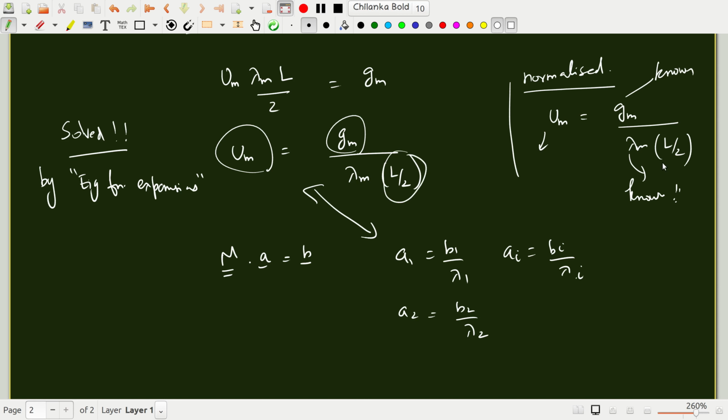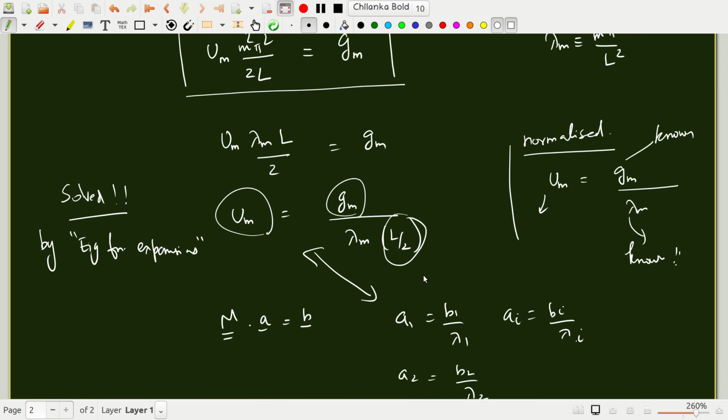And this is simply because, in the normalized case, you will not have L by 2, you'll simply have this. So this is indeed very similar to what we had done before for finite dimensional spaces. We actually did it for 2 dimensions, but that idea is true for any finite dimensional space.